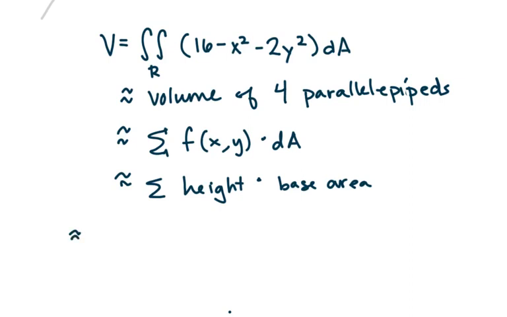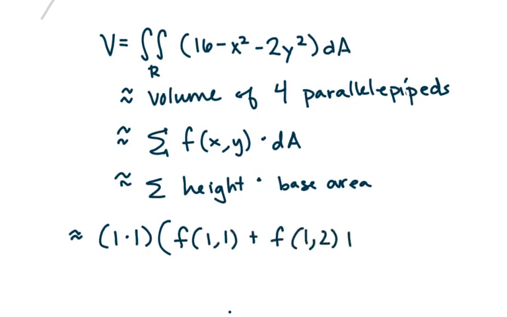So that is approximately, well, my base area is going to be the same for all of them, 1 times 1. So there's my base area times f of 1, 1 plus f of 1, 2 plus f of 2, 1 plus f of 2, 2.